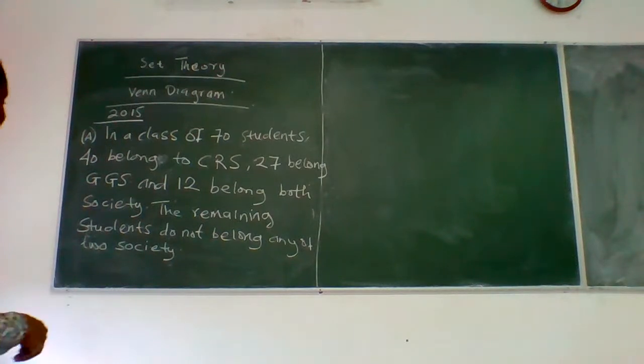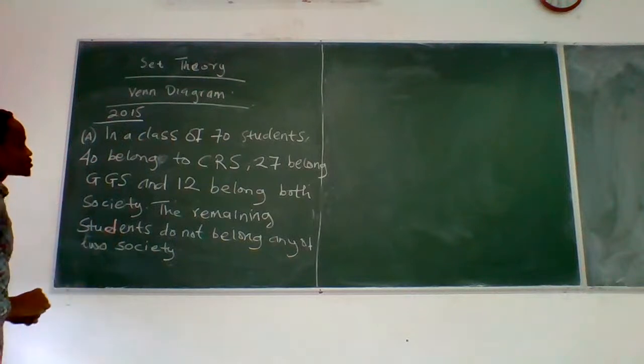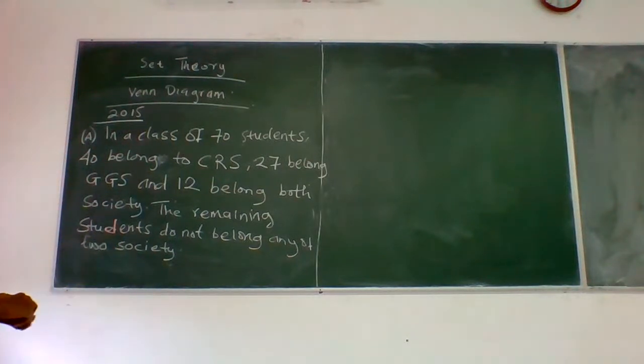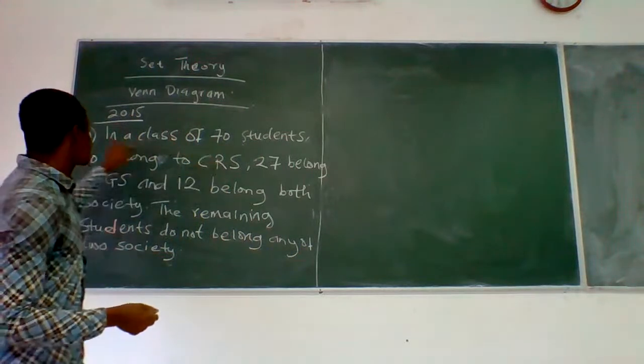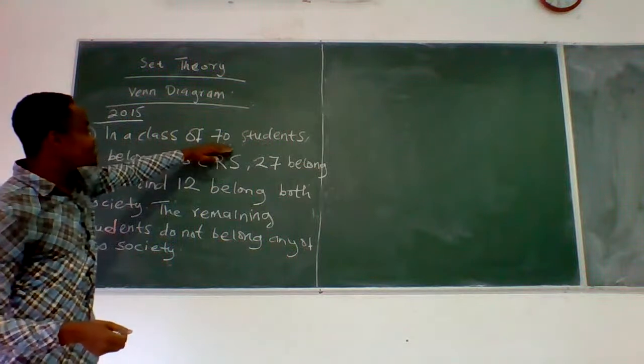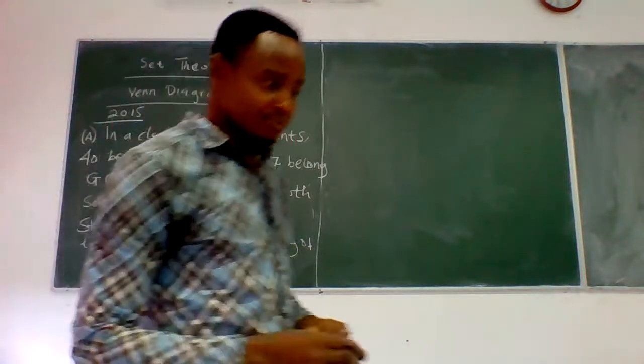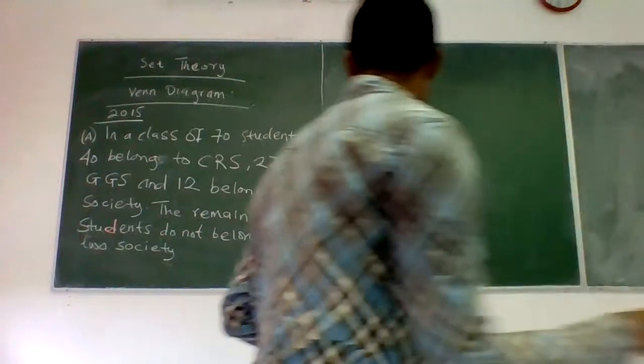Then the remaining students do not belong to any of the societies. So when you have a problem like this, you ask yourself, what's the meaning of this? When you say in a class of 70 students, that becomes our universal set, our total space.